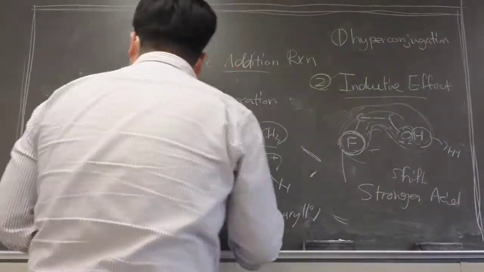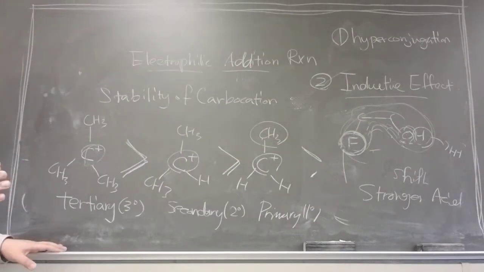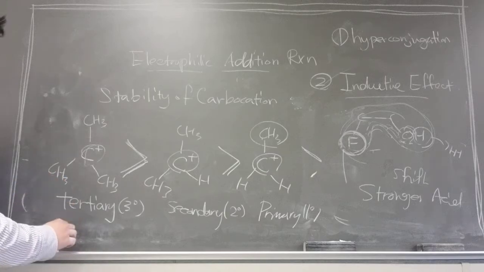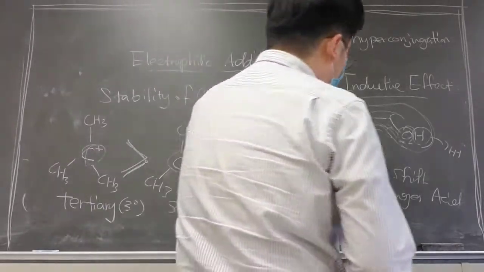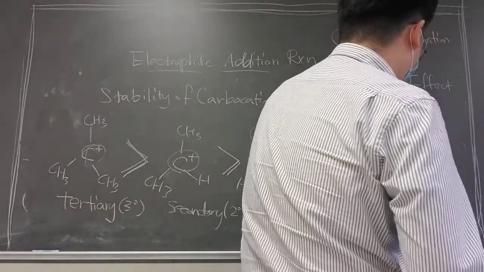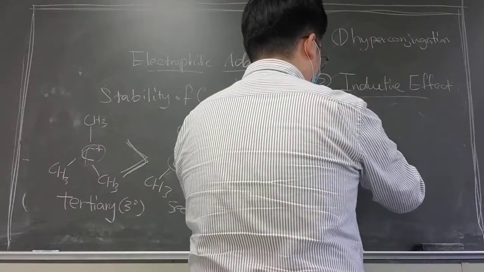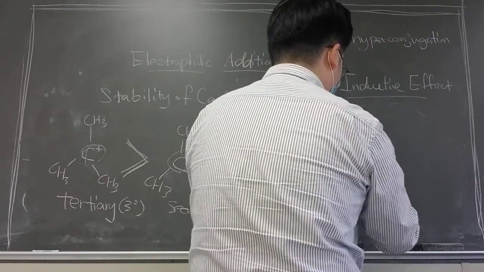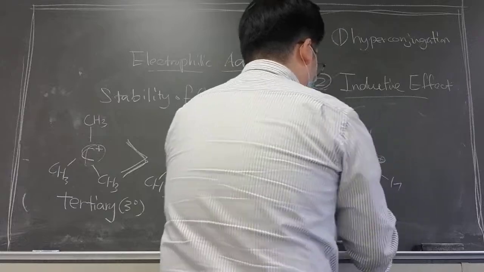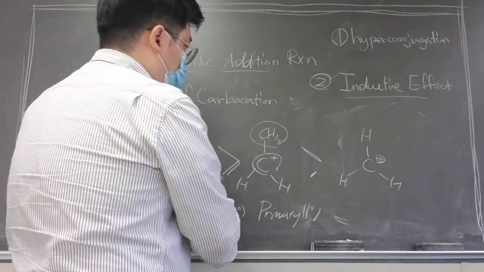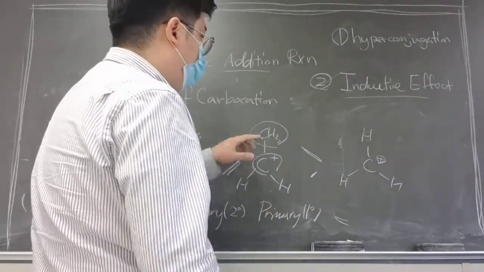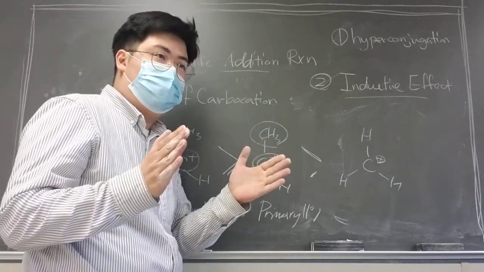Somehow. So if that is true, think about it. If you have a cation around the hydrogen, and also the one with the carbon group over here. The carbon is much bigger in size, right?